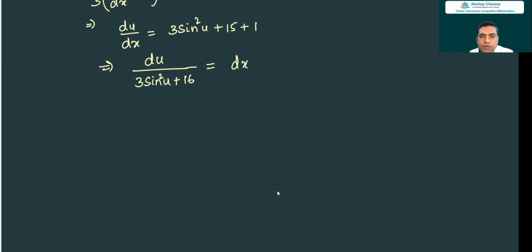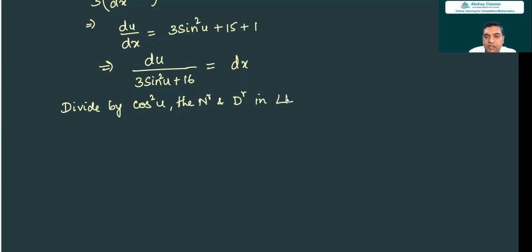To solve this, divide by cos square u in the numerator and denominator of the left hand side.